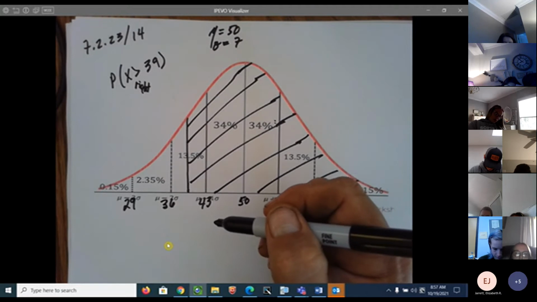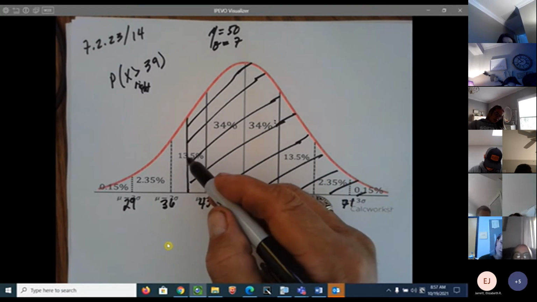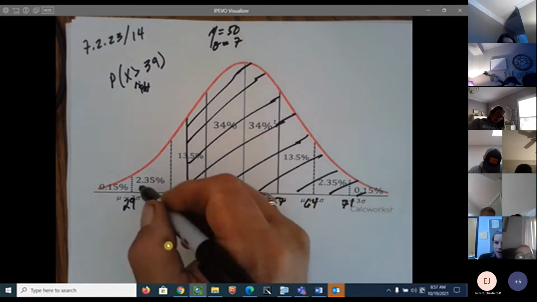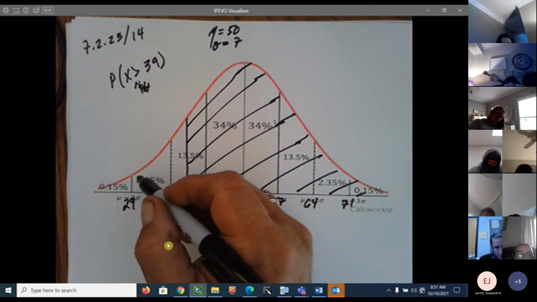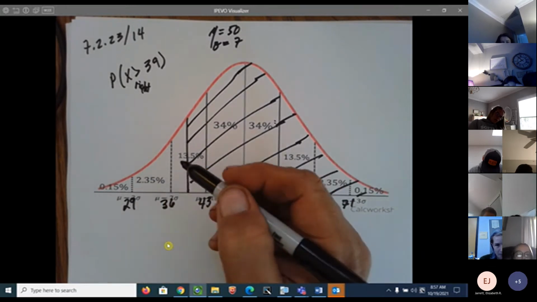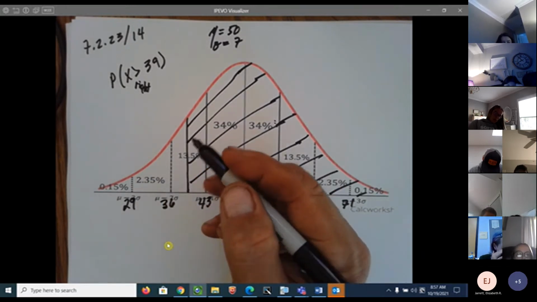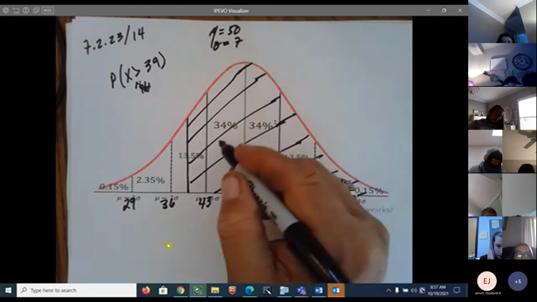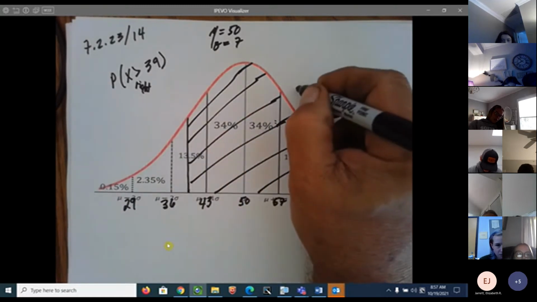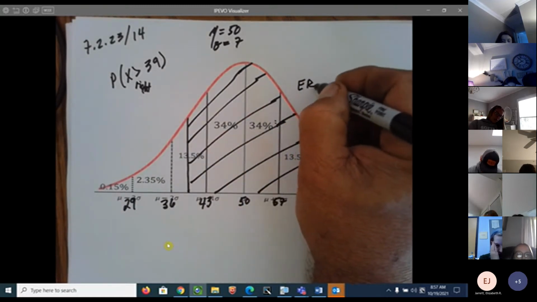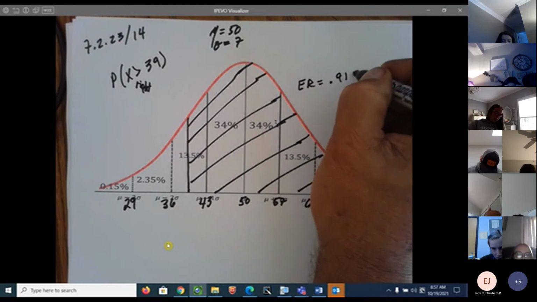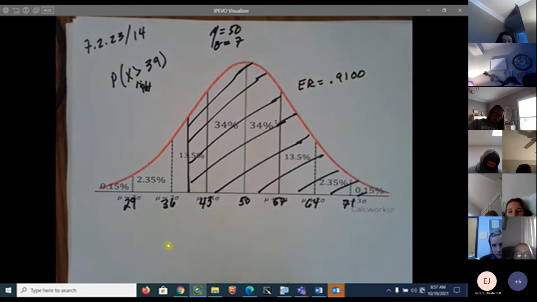Half of 13 is 7. This is 9. I'm going to say 0.09, so that's 91. By the empirical rule, 0.9100.